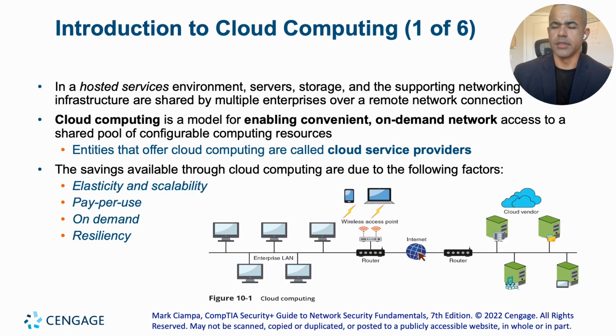So it doesn't take a lot of mental gymnastics to understand why cloud computing has become so popular in the past decade or so, just because it enables convenient, on-demand network access with a variety of configurations for different computing resources, across all different types of hardware capacities.